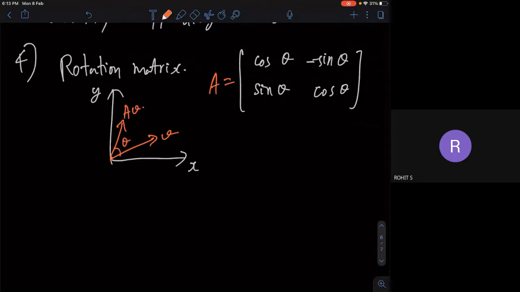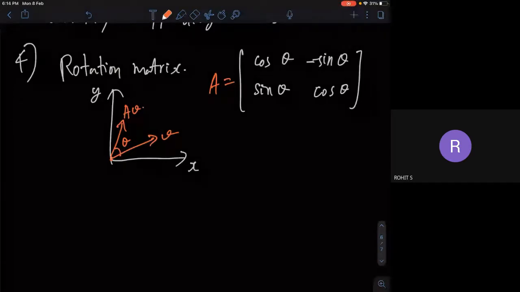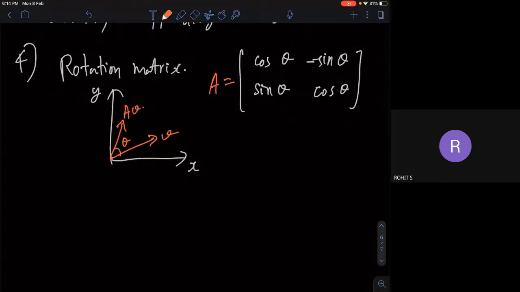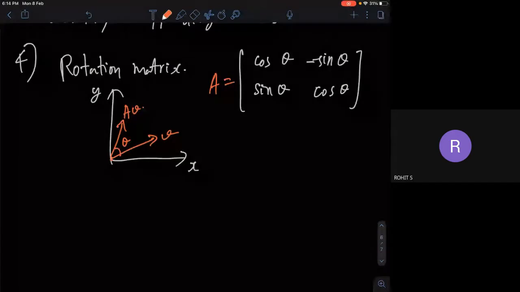So that's a rotation matrix. This is something we saw earlier. You can come up with this rotation matrix for any theta. So when theta is 90, you can rotate 90 degrees. Let me write the rotation matrix for theta equal to 90. What is the rotation matrix for theta equal to 90?